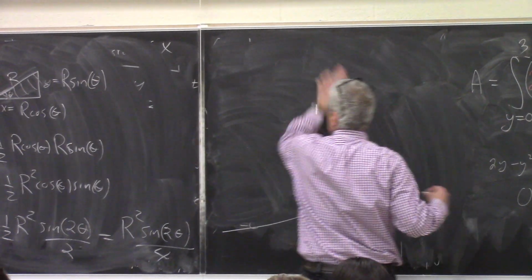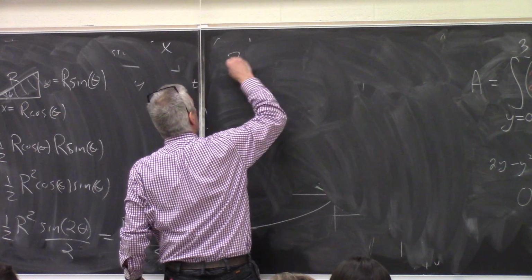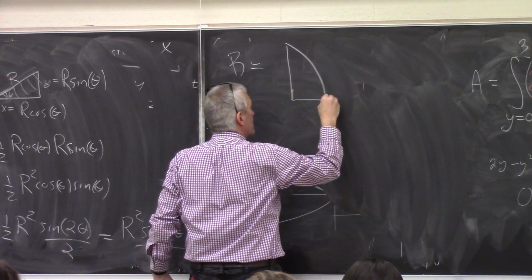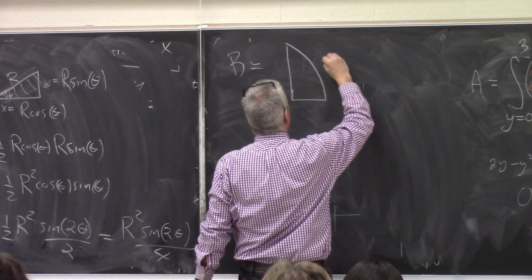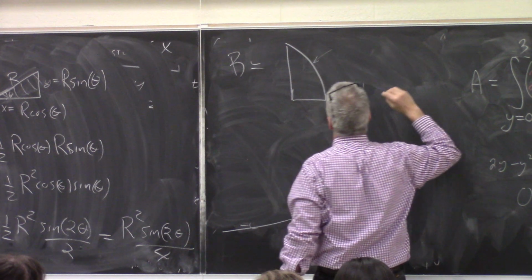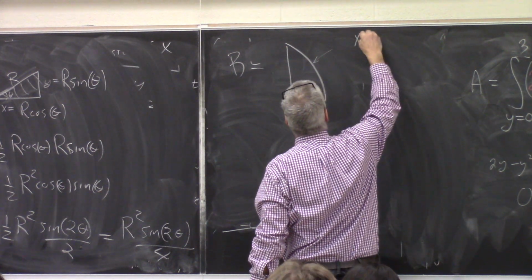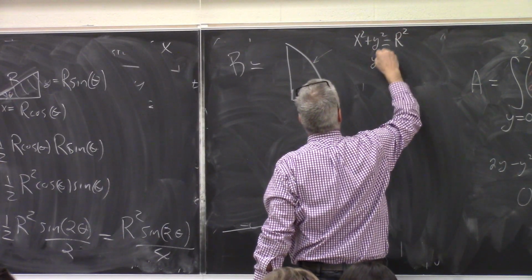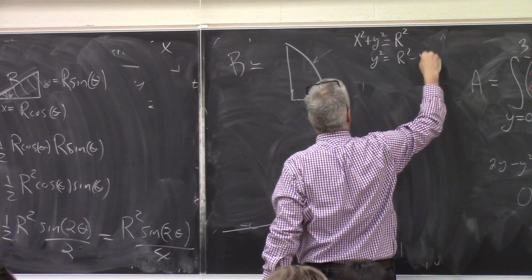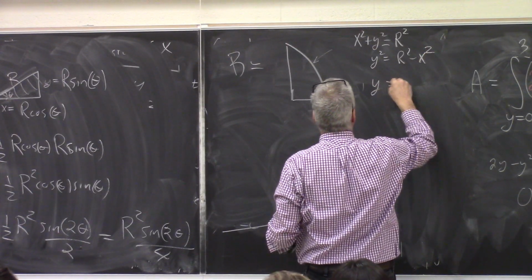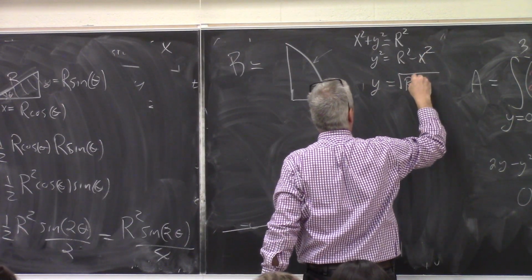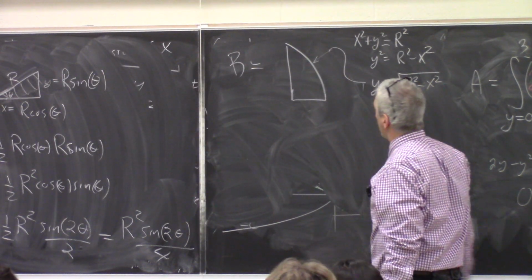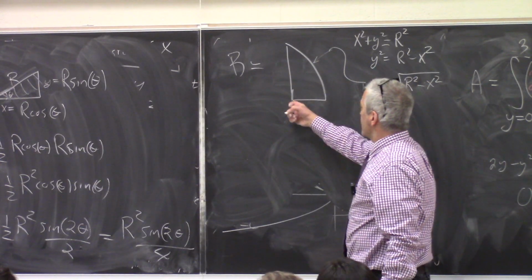Okay, what about B? B is going to be this area. Now, this is part of a circle. Remember, this is x squared plus y squared equals r squared. So that means y squared equals r squared minus x squared. So if I take the square root and take the top branch, y is the square root of r squared minus x squared. So that's the formula for that. And where does this begin?